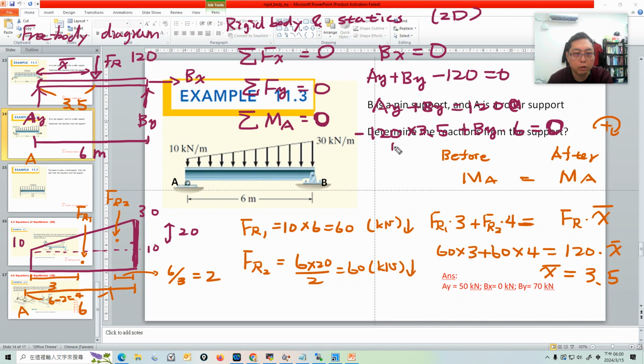So from here you will get By equal to what?